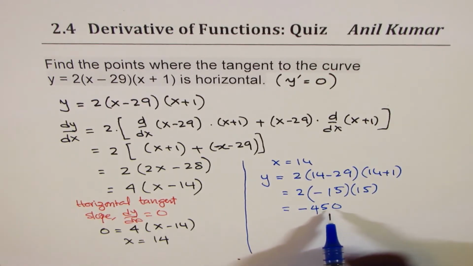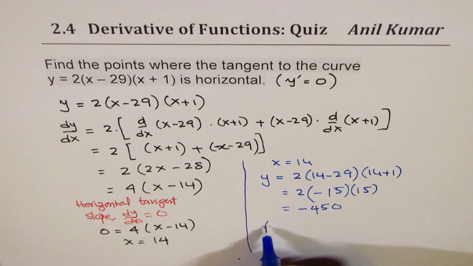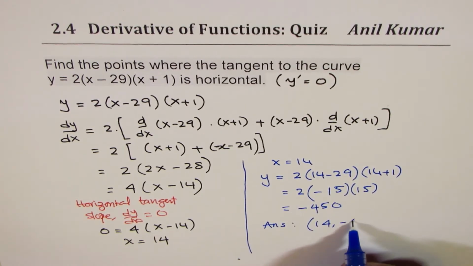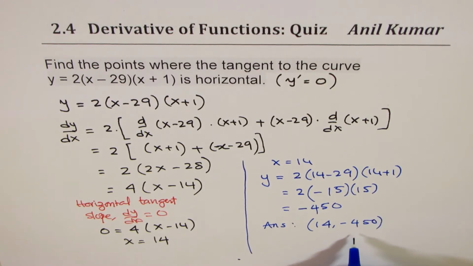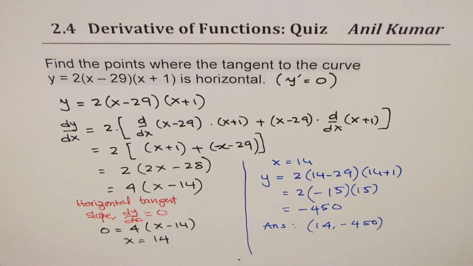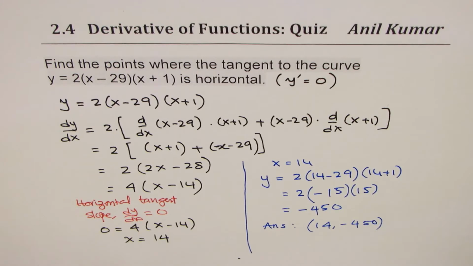So we get minus 450 as the y coordinate, and therefore our answer is that the coordinate points are 14, minus 450. So at this point on the function, the tangent to the curve will be horizontal, right? So that is how we can find. So we have only one point in this case which will have horizontal tangent. Okay. That is the vertex of this parabola also, correct?